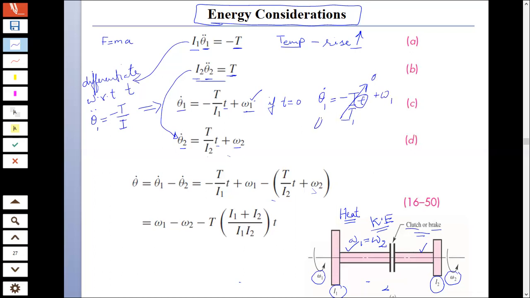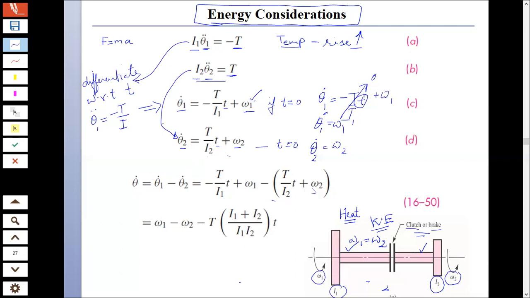So initially my theta 1 dot will be equal to omega 1. And similarly from this equation, at time t equal to 0, the velocity initially is going to be equal to omega 2. Then after application of brakes or clutches, the velocity is going to change, and omega 1 will go to some velocity, or omega 2 will go to some velocity, and let's call that steady velocity omega.